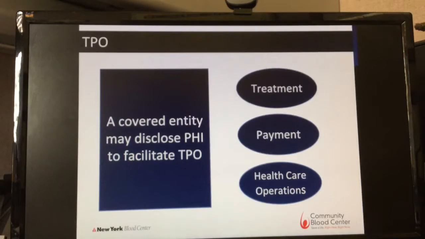While CBC is a covered entity under HIPAA, certain situations require the release of PHI to facilitate care or operations. HIPAA has included guidance for when PHI can be disclosed in three main scenarios, called TPO. First, PHI can be disclosed for treatment and providing care.